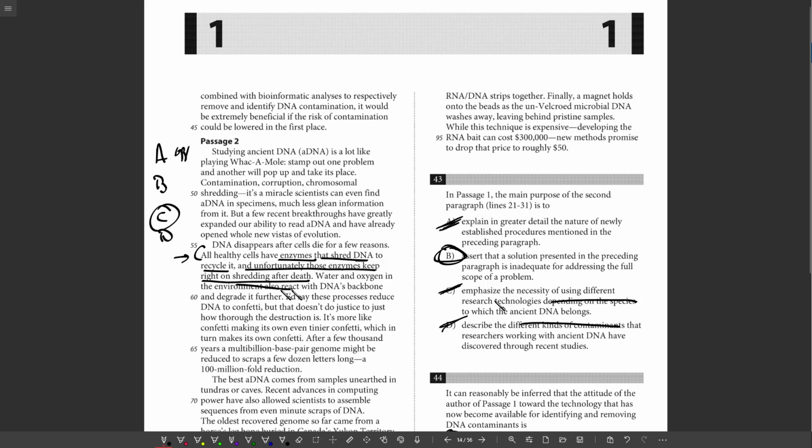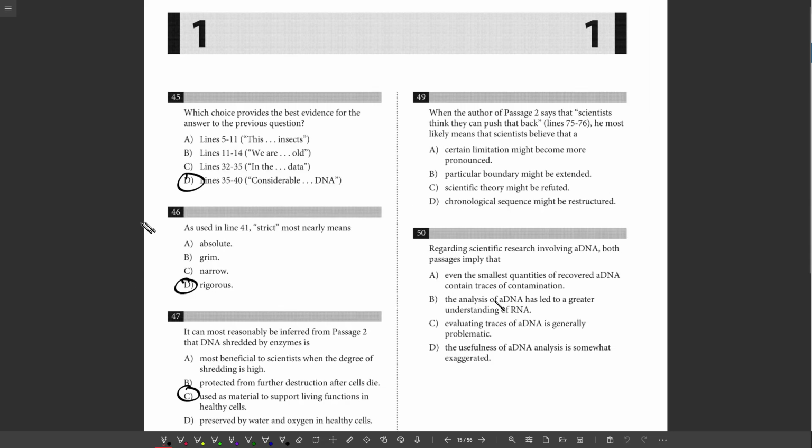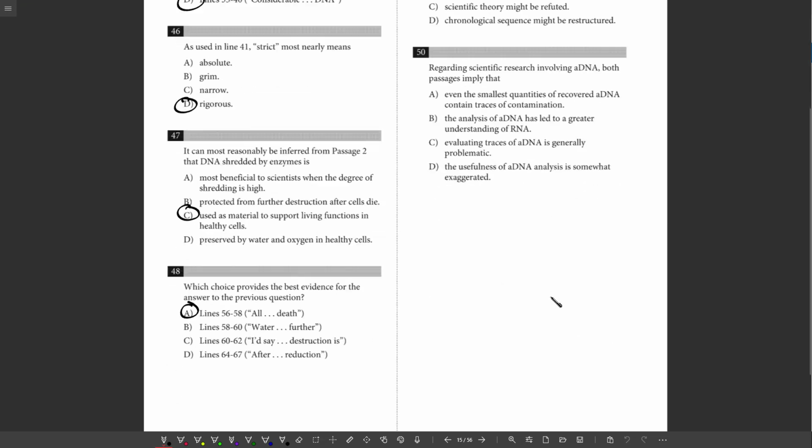It says it continues after death. So again, B is also opposite. D, DNA is preserved by water and oxygen in healthy cells. No, again, it says specifically the opposite, that water and oxygen degrade it further. So the only one that's not the opposite of what the passage says is C. So 47 is C. And then the lines we use for 48 would be choice A.